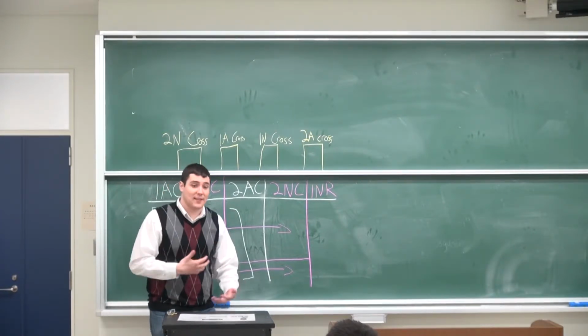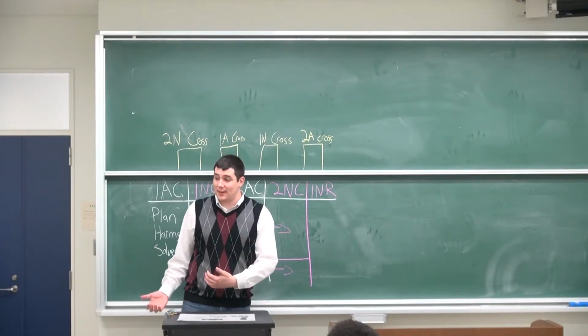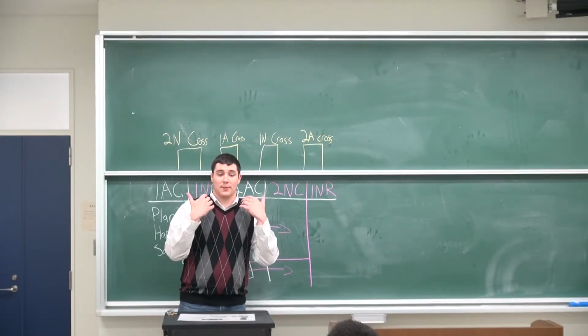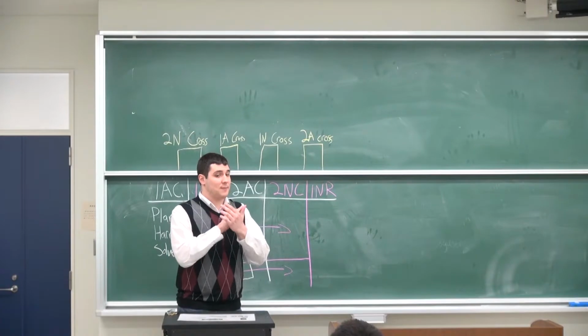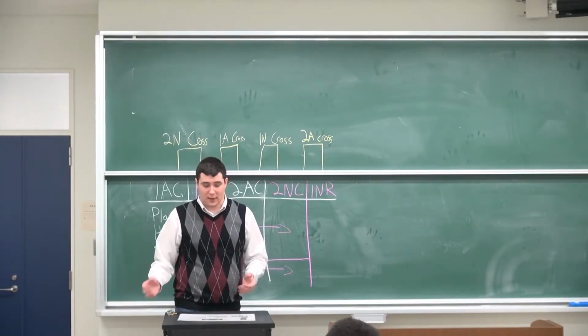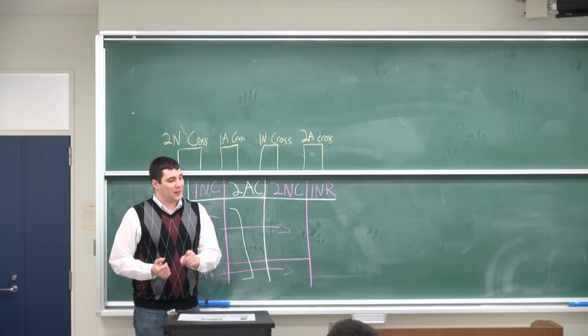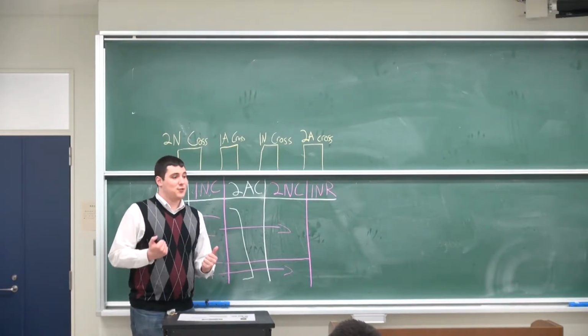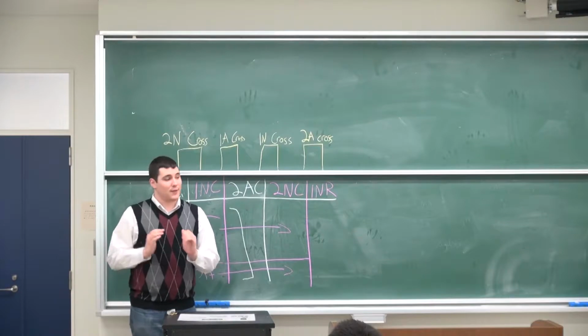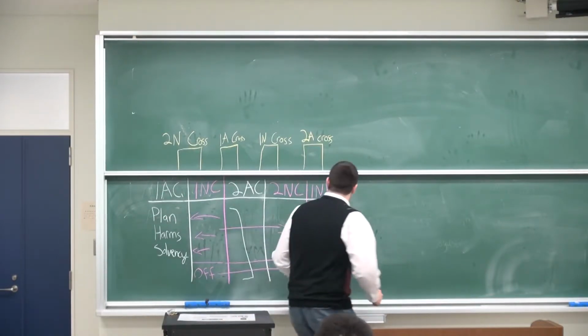Read evidence that supports your original position. It makes your arguments seem very thorough because you have that opportunity. The other reason that we split the block from the negative perspective is to make things very difficult for the affirmative speaker in the next speech.